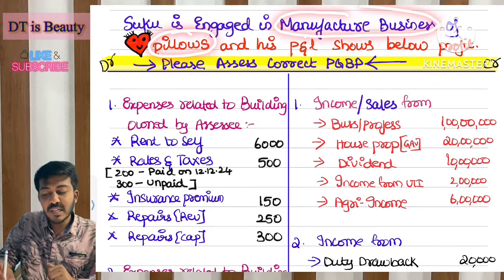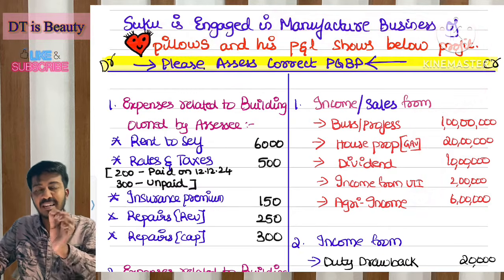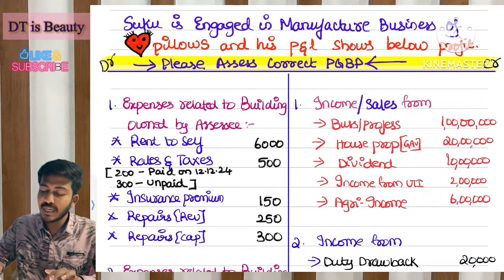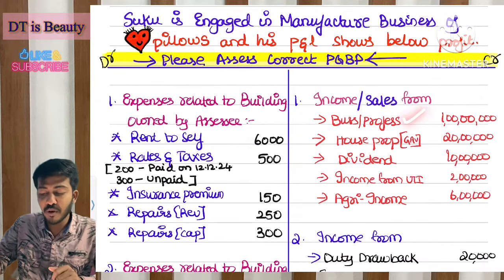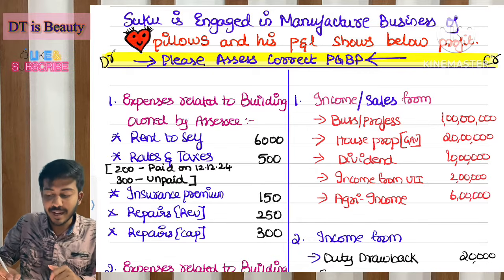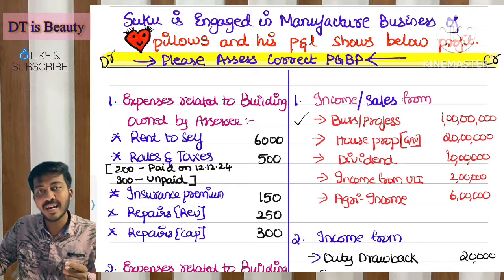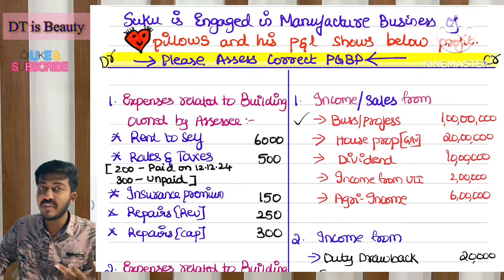Correct? His business is manufacturing pillows. So all these incomes should be related to this business. It should be incidental to this business. Therefore, income or sales from business or profession, which refer to the manufacturing business, yes, it is a correct item. We will put a tick. If it is wrong, we will mark it as X. We can adjust it in the answer very simply.